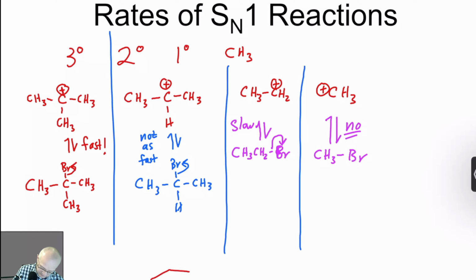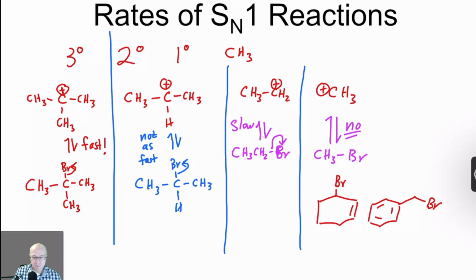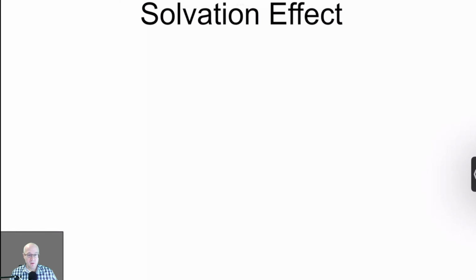So allylic halides are fast, as are benzylic. They're also fast because they can form carbocations that resonate. Okay? So this is important to keep in mind.